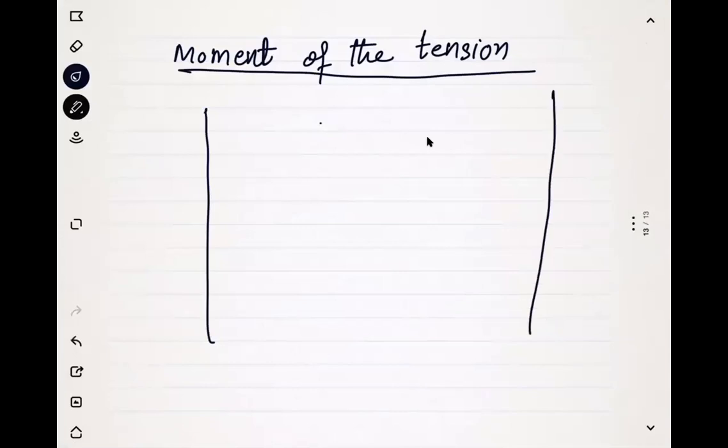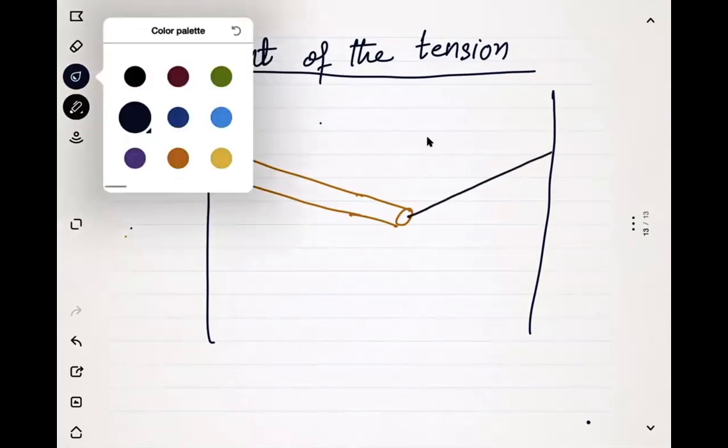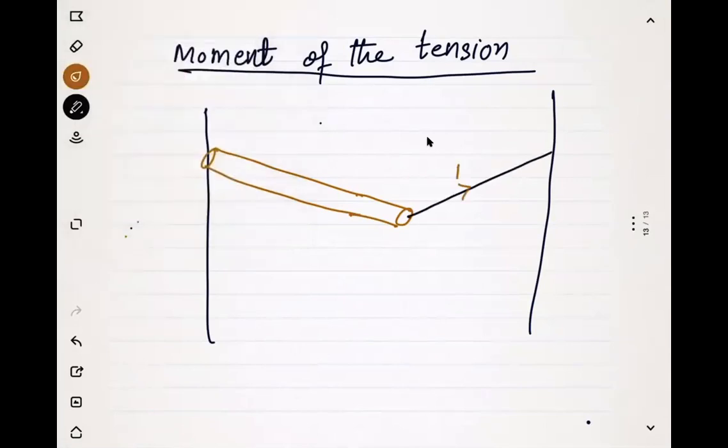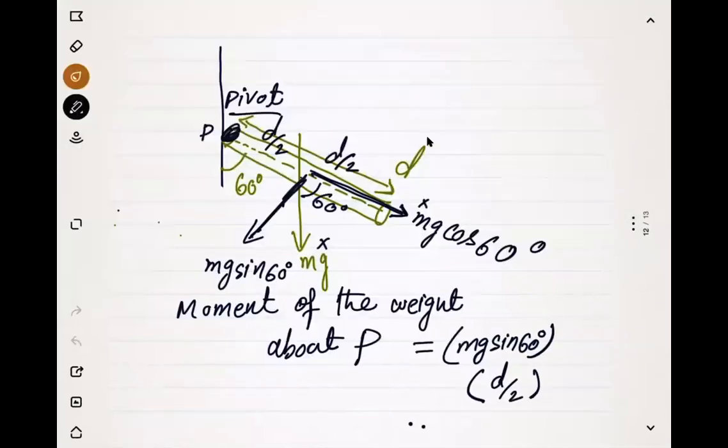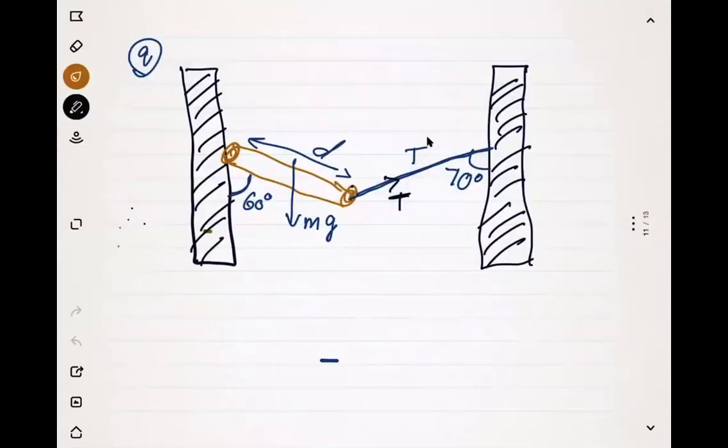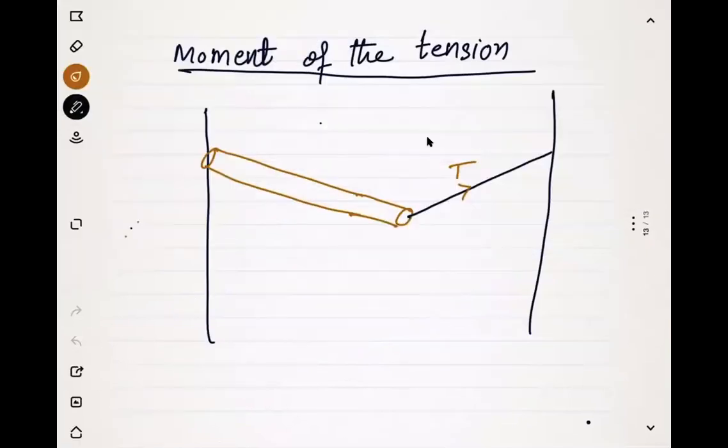For example, this is the rod and it is supported by a rope. The tension in the rope is T and the angles given in the original question are here 70 degrees, here 60 degrees.